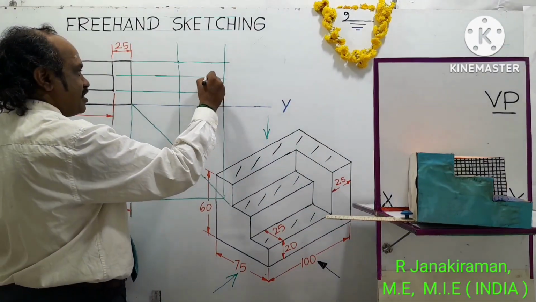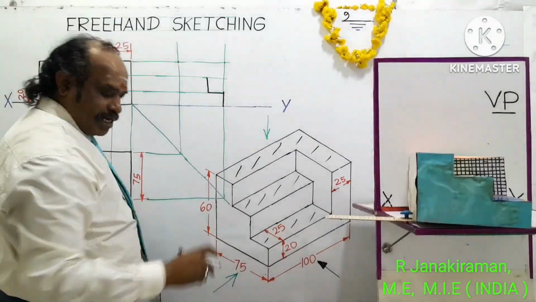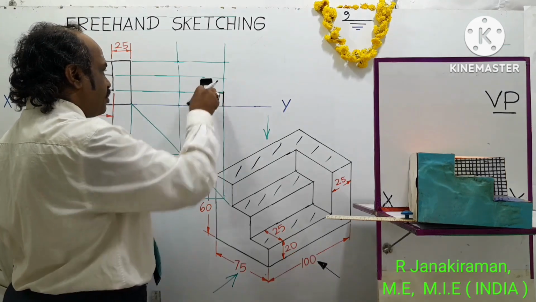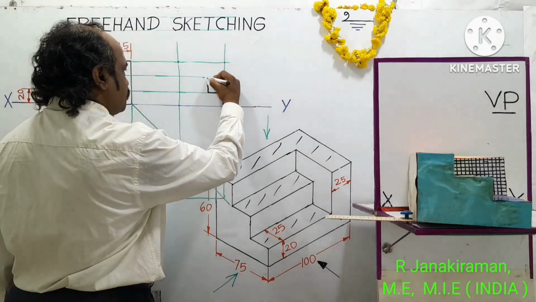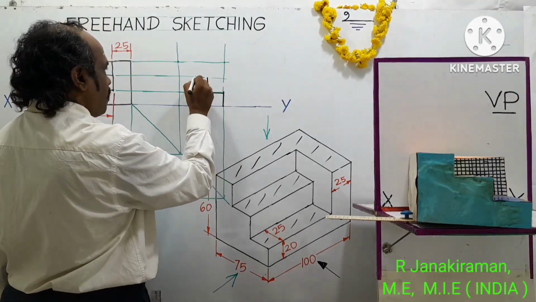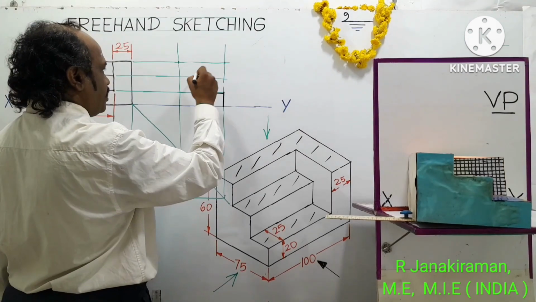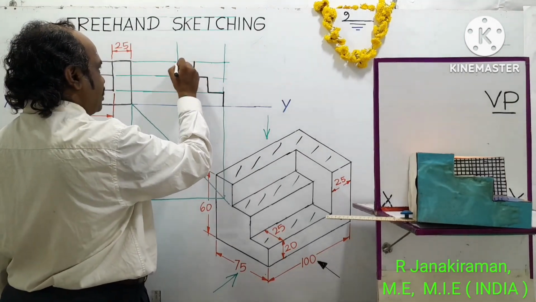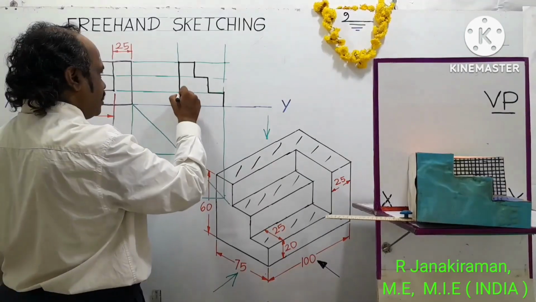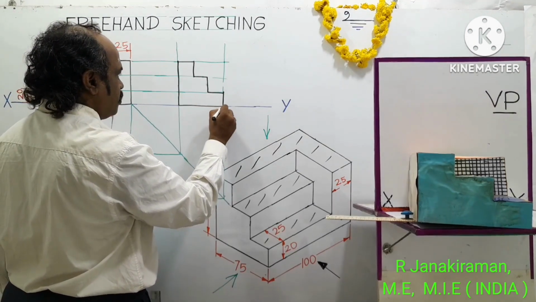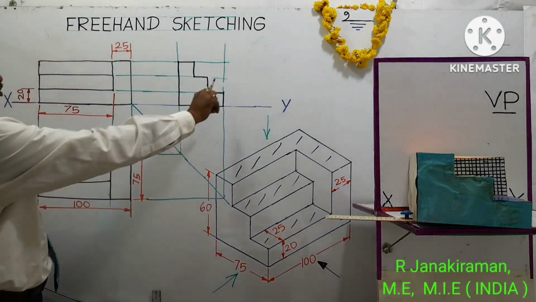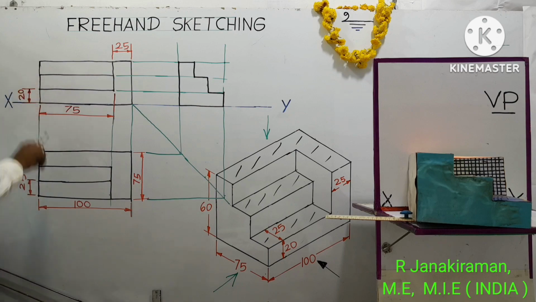And the step 2 height is same, 20 mm. Draw vertical line. Then you draw one horizontal line that corresponds to the step 2 breadth, and step 3 height is traced. So enclose it in a box. So this is the height of step 1, same as the front view height, 20 mm.